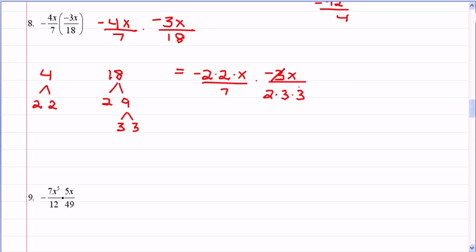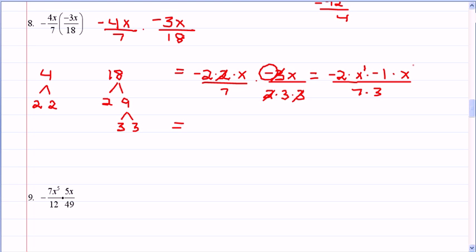So we get one of the 3's to cancel, one of the 2's to cancel, so that I'm left with negative 2 times x, and then be very careful not to forget this negative in the second fraction, so it's times negative 1 times another x over 7 times 3.